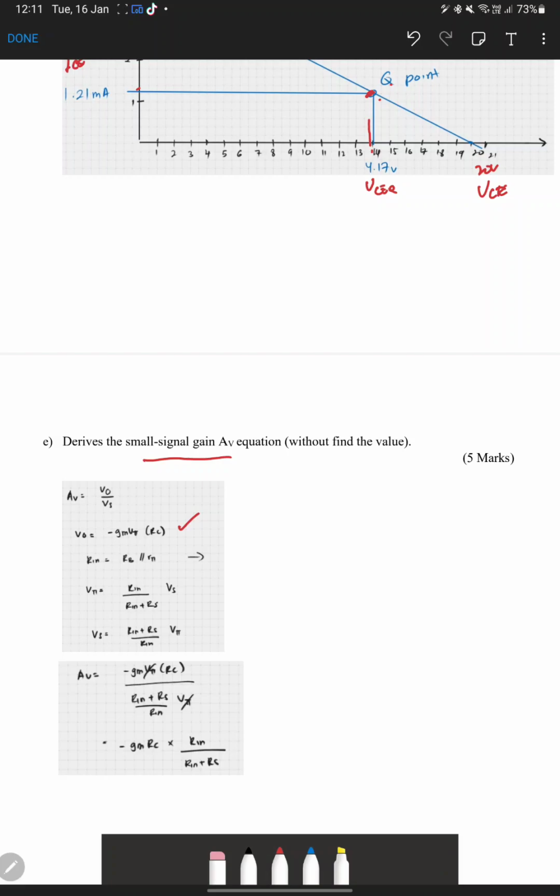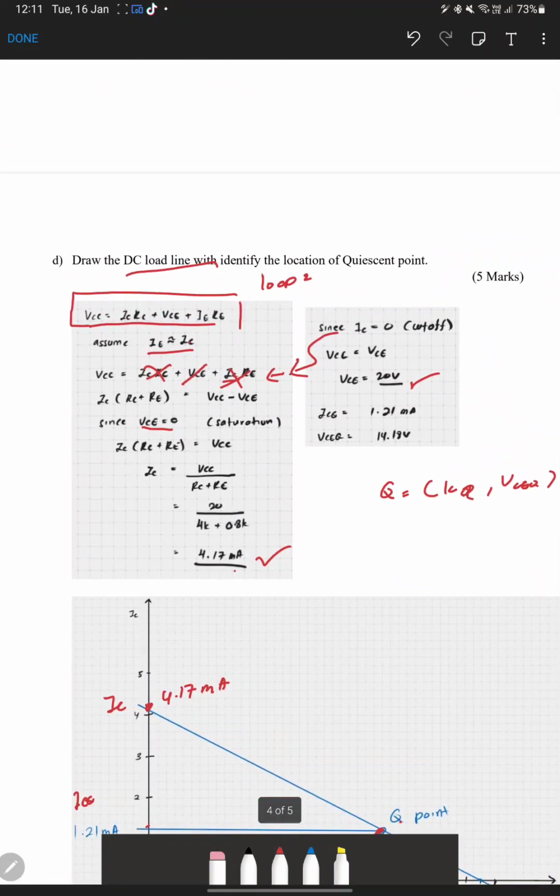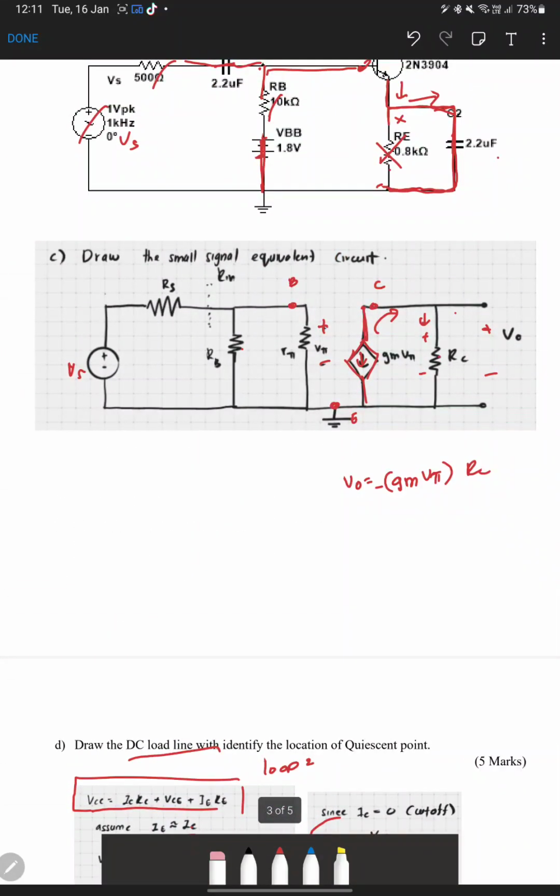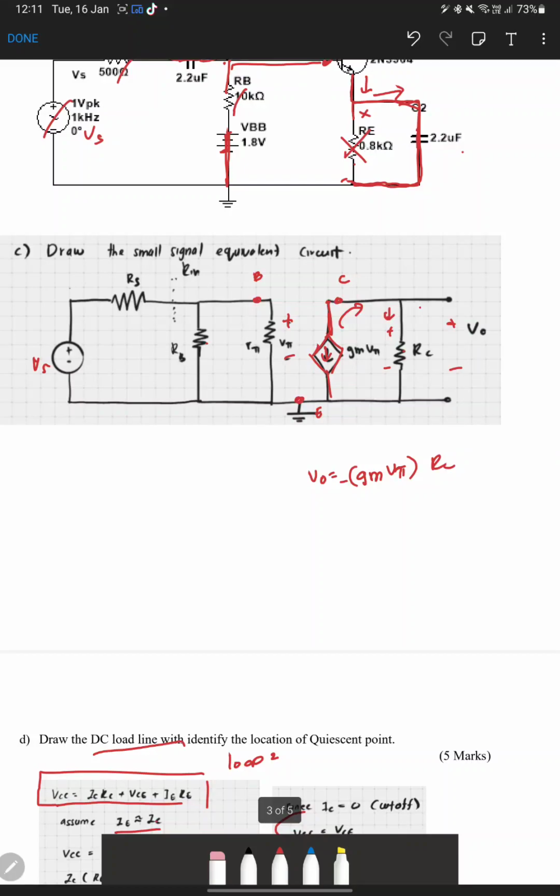How about the voltage entering the transistor? The voltage entering the transistor is V pi. So to make it easier, you need to redraw your circuit so the resistances become parallel. So the easy way, you make RB parallel with r pi.